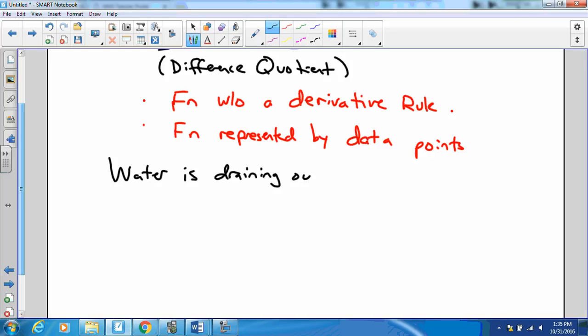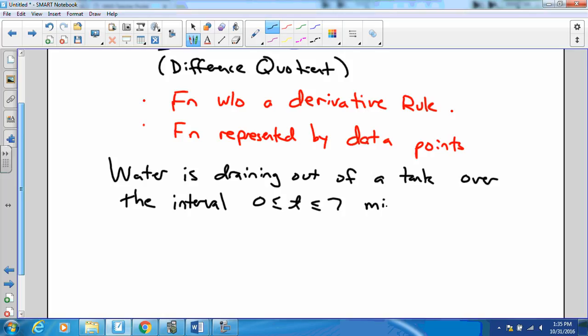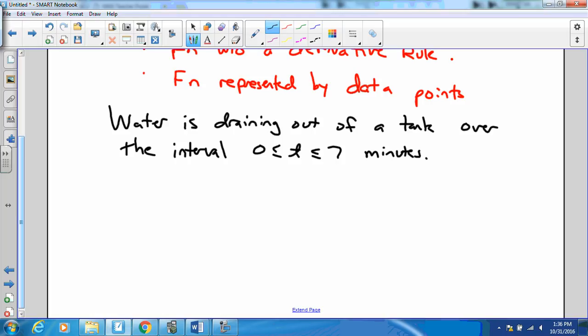Water is draining out of a tank over the interval 0 to 7 minutes. Okay?